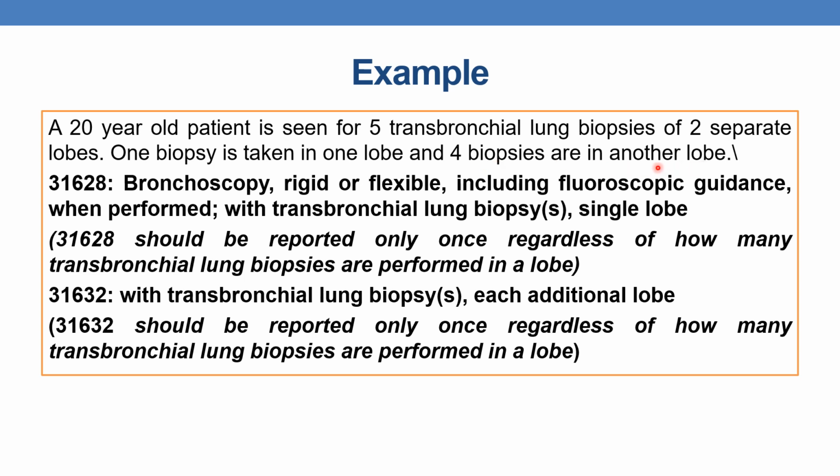And for another lobe, regardless of number of biopsies, you need to report only 31632 with transbronchial lung biopsy each additional lobe. And 31632 should be reported only once regardless of how many transbronchial lung biopsies are performed in the lobe. Here in this one particular lobe, 4 biopsies are performed. Though 4 biopsies are performed, it must be reported only once for each additional lobe.